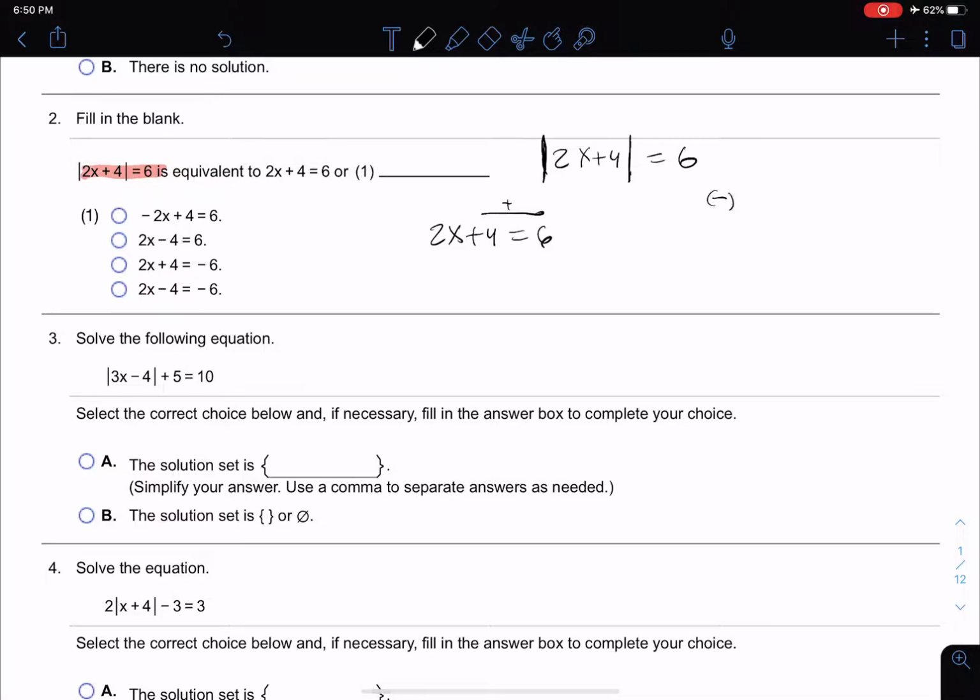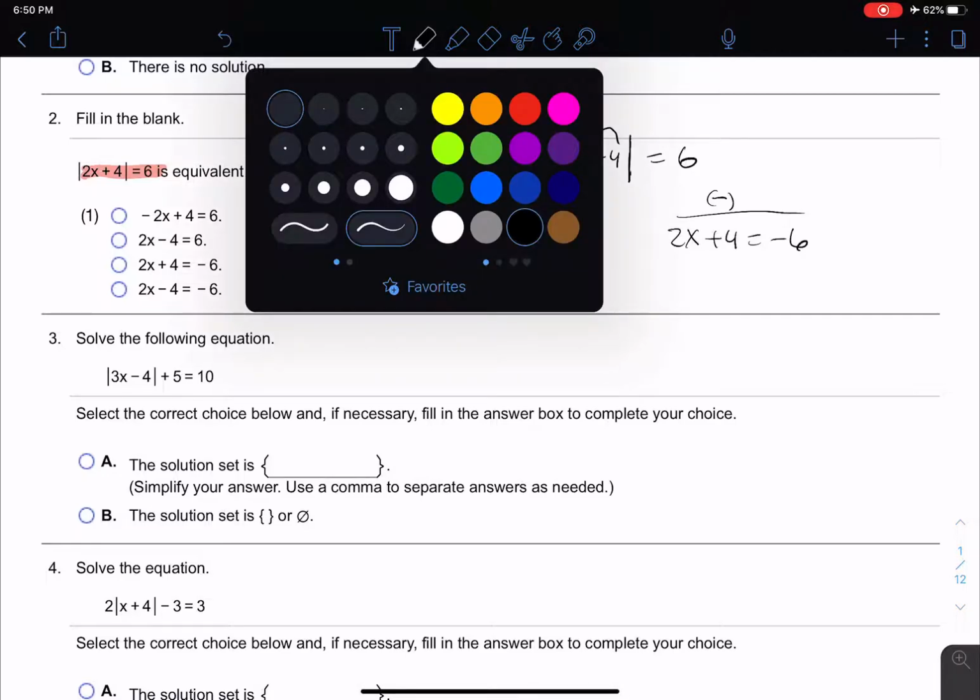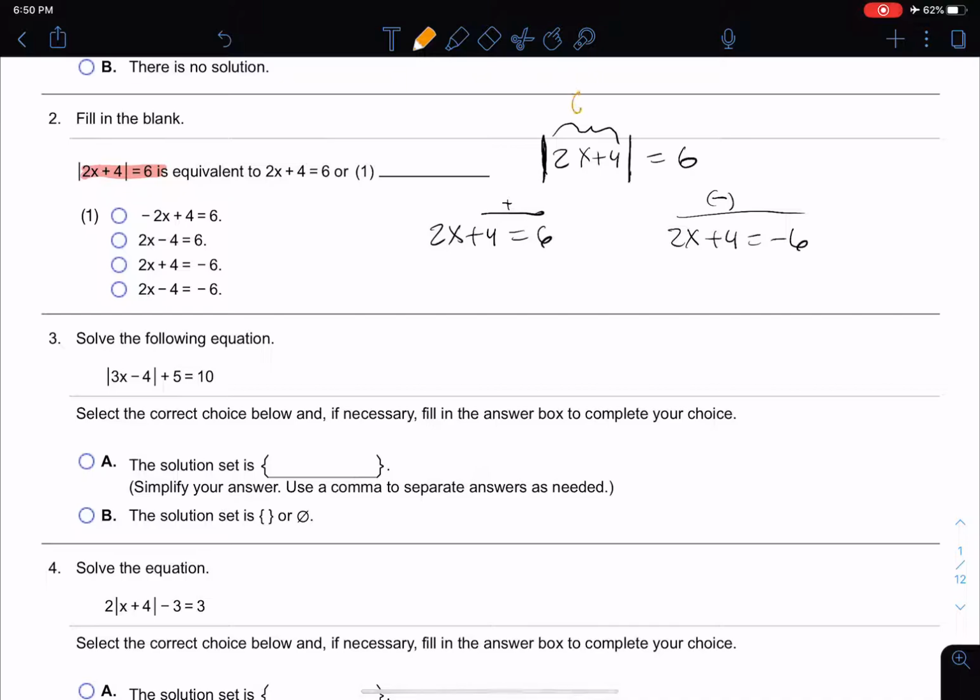And the negative case says, if I could figure out what makes 2x plus 4 equal to -6, that's going to give me an answer, because ultimately, what's going to work in there? Well, the absolute value of positive 6 is going to give me 6. But inside here also, the absolute value of -6 is also going to give me 6. So that's why we want to set it equal to 6, and that'll give me an answer. I want to set it equal to -6, and that will also give me an answer.